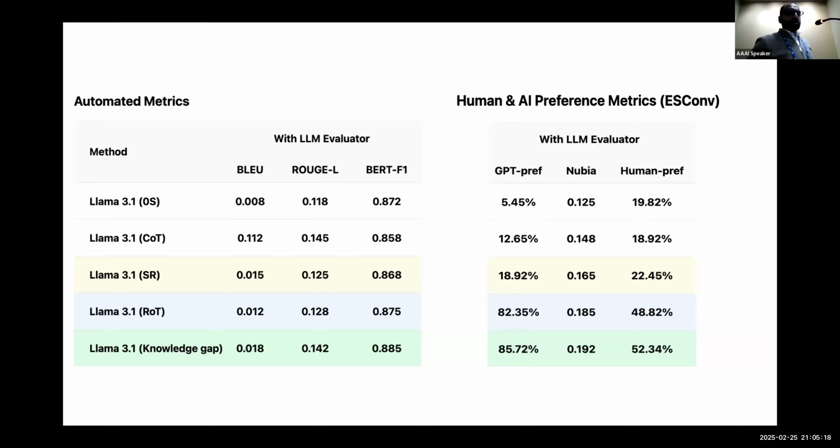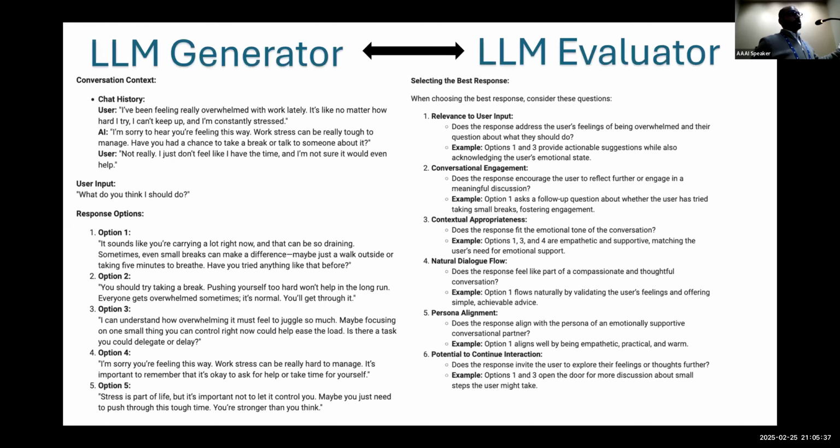And now with the human preference metrics, which is GPT-4, Nubia, and human performances, we do have a relatively better improvement of 52%, which was way before less than 50% in the previous case of evaluation. So this design of an LLM generator and evaluator seems to be an interesting strategy to evaluate each and every individual step that the LLM is following when it is giving you the final responses.